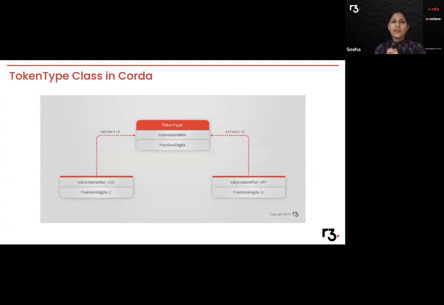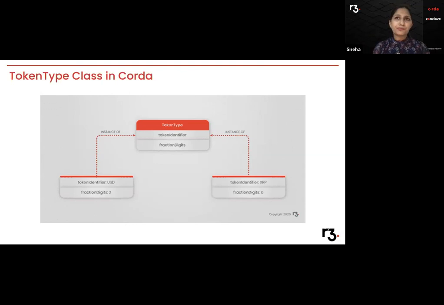Now, when you subclass using token type, it has two fields. You need to specify your token identifier, and you also need to specify the fraction digits. For example, if you want to define a USD token type, let's say you want to issue some tokens and your base token type is USD. This is a currency token type.